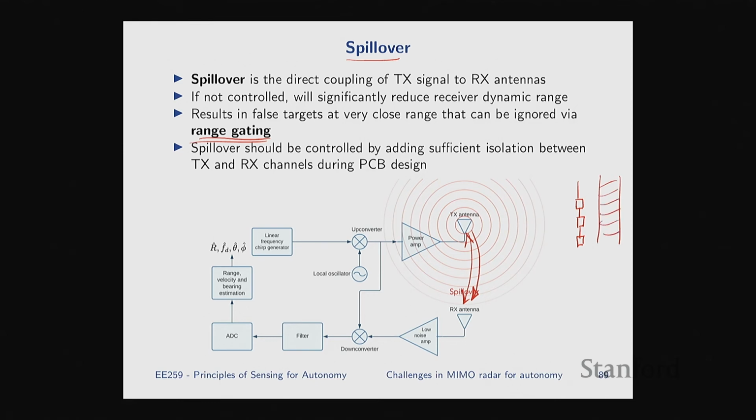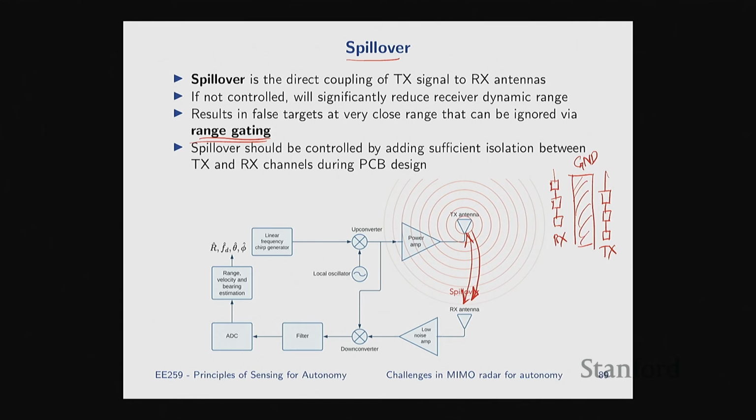Let me sketch it again. So if this is a transmit antenna, again microstrip on a PCB, if you add a bit of ground copper between that and a receiver antenna, that can add isolation.